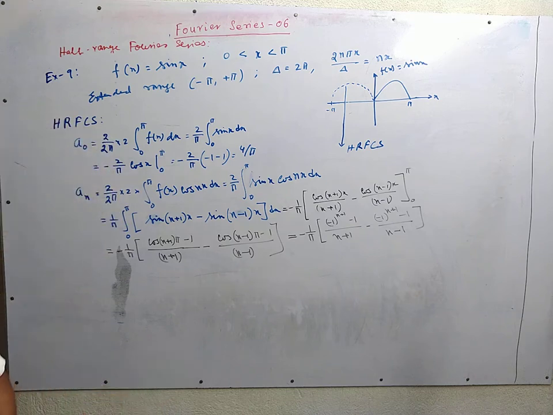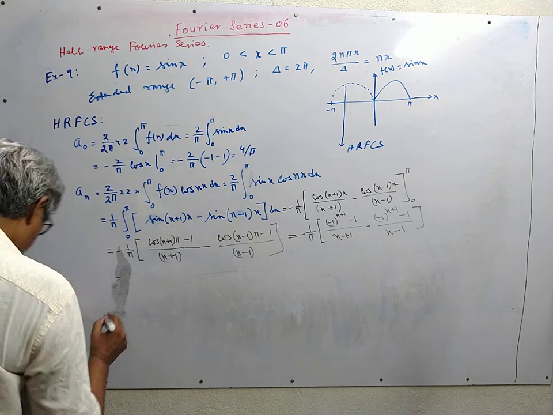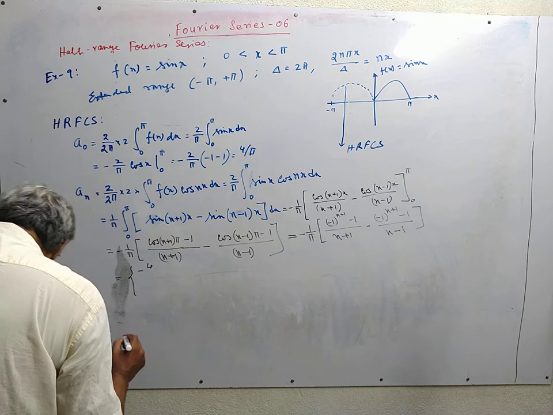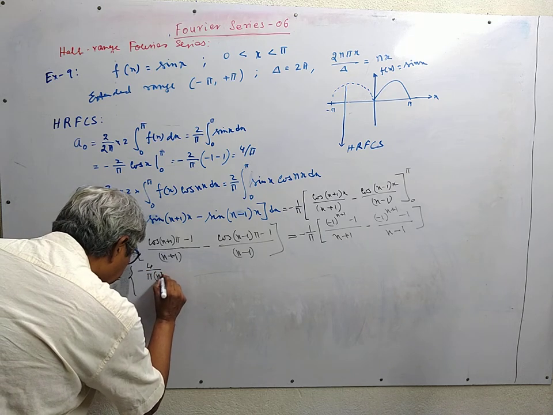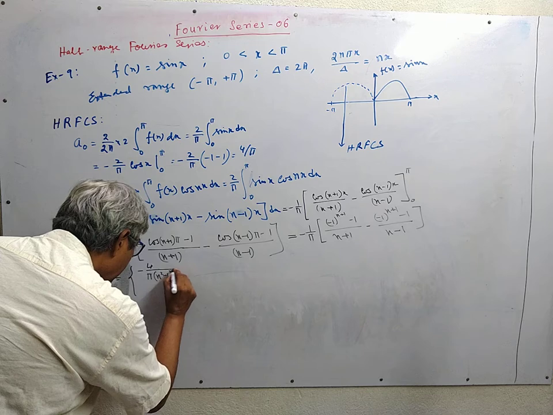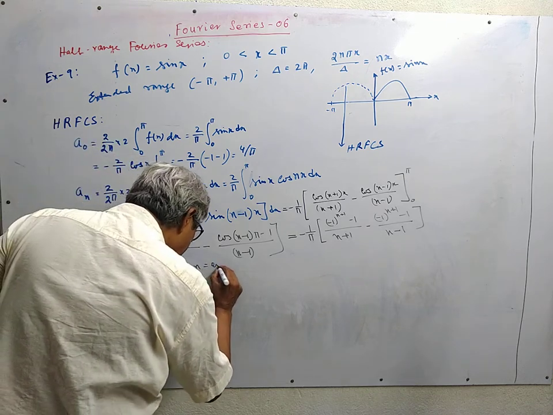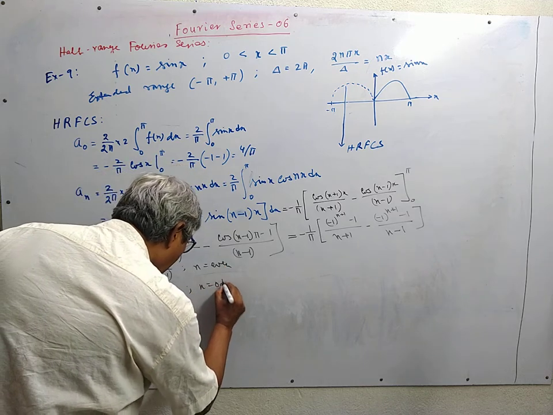On simplification this becomes minus 4 upon pi into n square minus 1 for n is equal to even and is 0 for n is equal to odd.